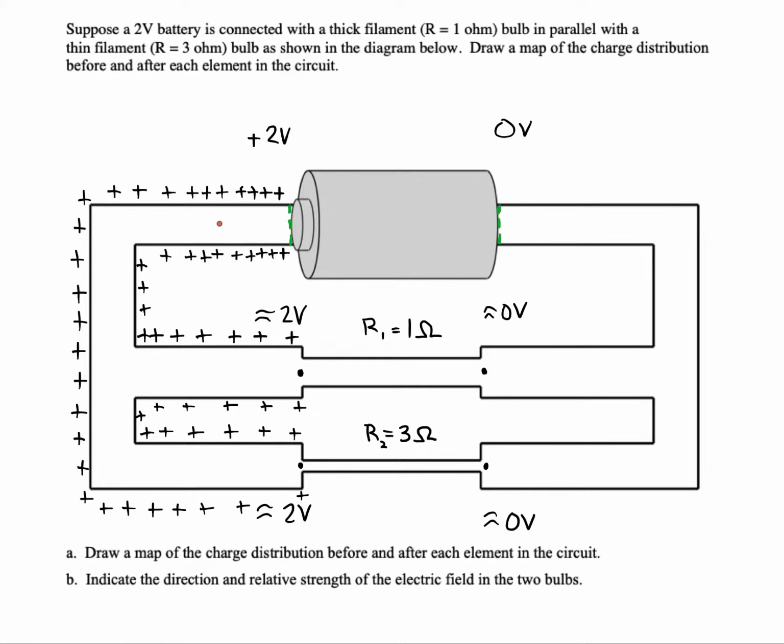Now let's create our field. Our field goes from positive to negative, so we just want a very weak field here. Okay. And I'll do the same thing over here on the negative side as well.